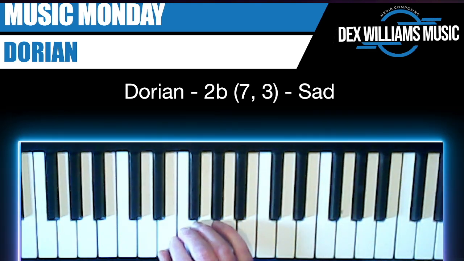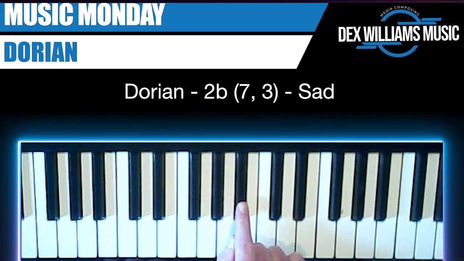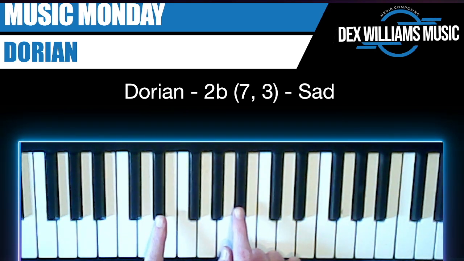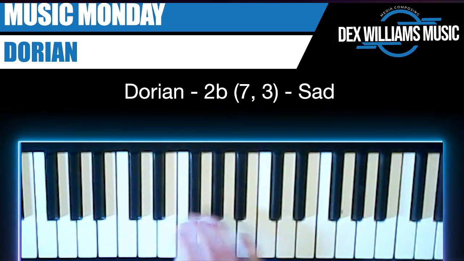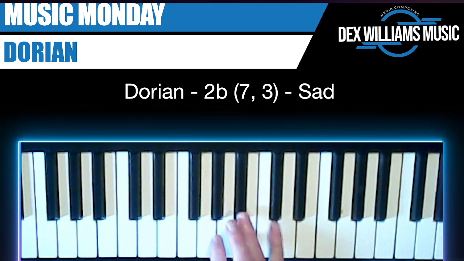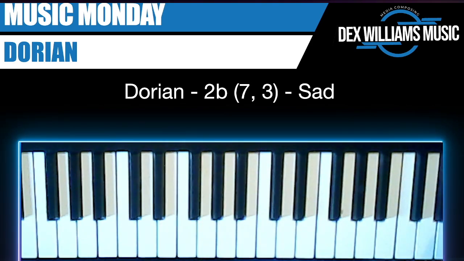This is considered by quite a few people as actually the saddest rather than the minor scale. For Dorian, we need to flatten the 7th like we had in Mixolydian, but now we're also flattening the 3rd as well. That minor 3rd is coming in now. There you go, that's our saddest mode.